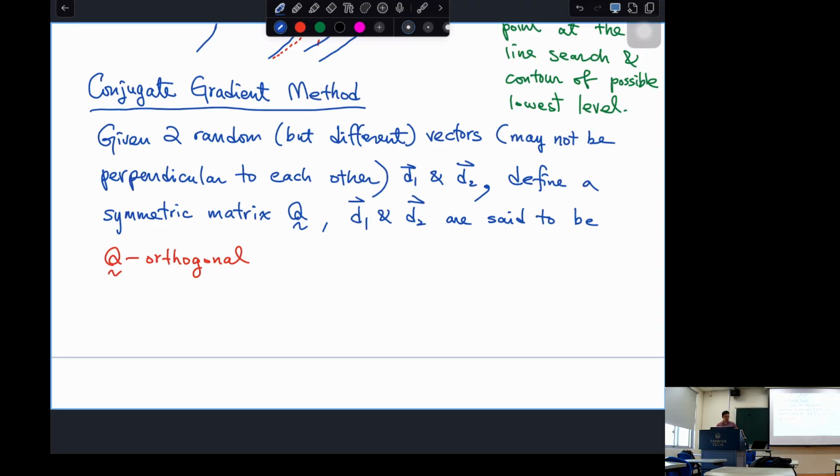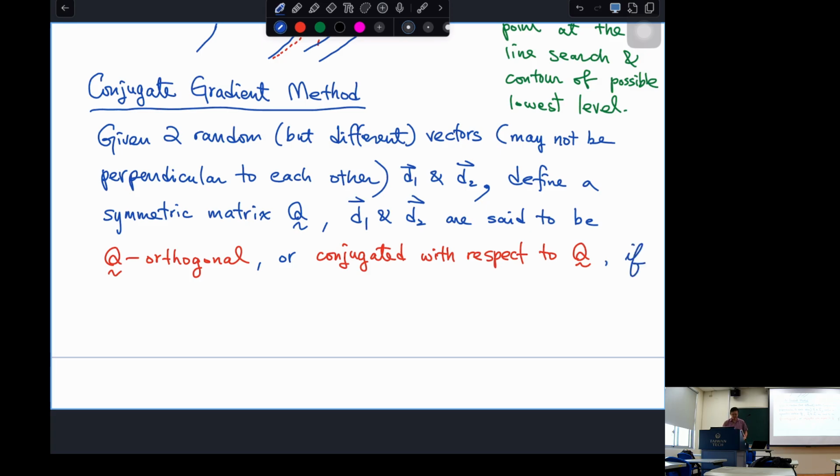There's a term called Q orthogonal, or conjugated with respect to Q. So there are two different ways to describe this special transformation and relationship.